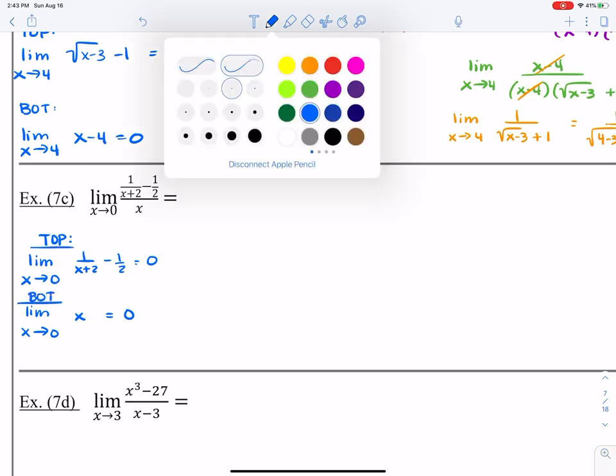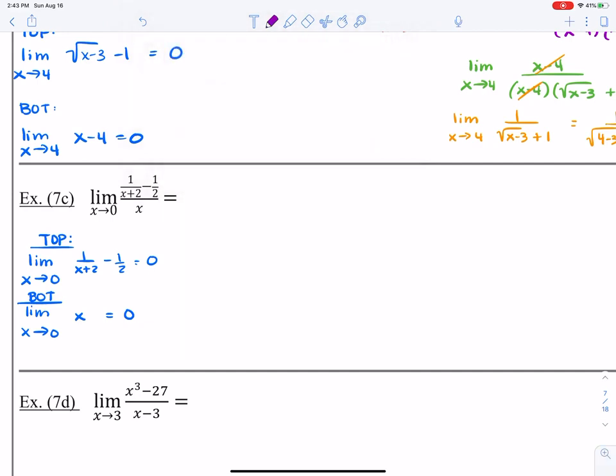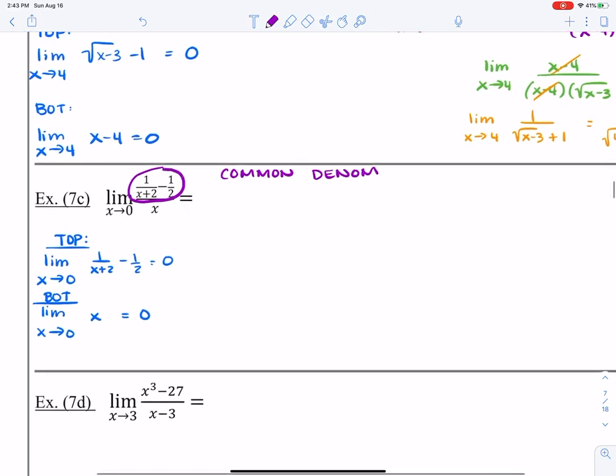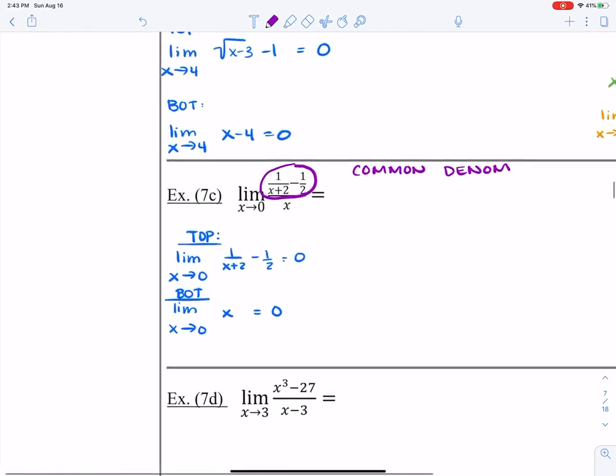So method number 3 is going to be common denominators. We're going to take this expression right here and make it have common denominators. To do that, let's go out to the side and do some side work and remember some things from Algebra 2.